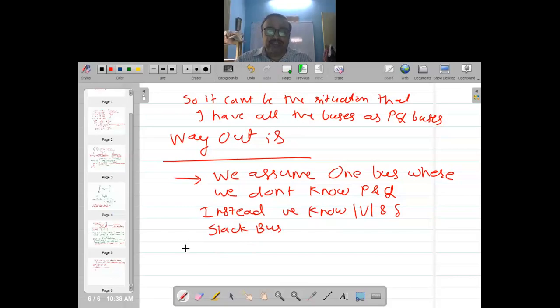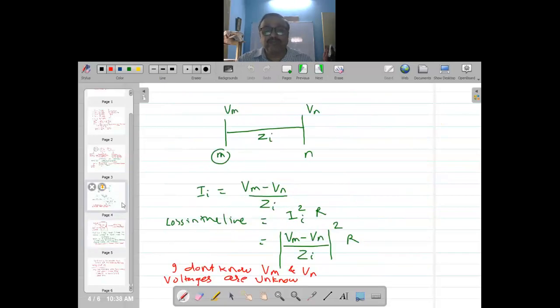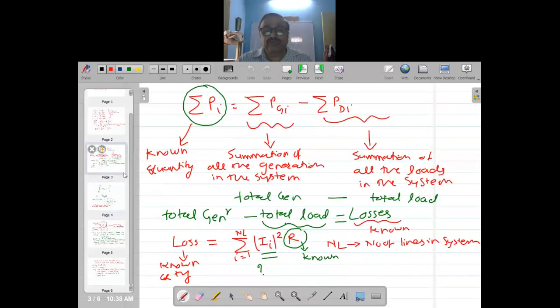So now I can say that this sigma Pi is no longer a known quantity, because at one bus I don't know what is Pi and Qi. So it is an unknown quantity. So now I cannot say that I know the losses.